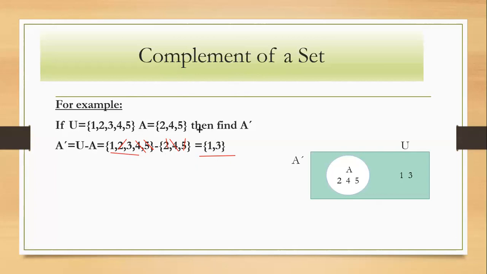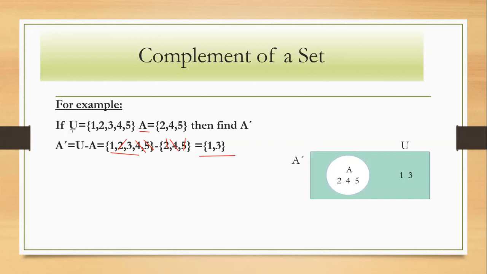Now, how can we draw the Venn diagram for such a question? I told you that for each set, we have to draw a circle. Here two sets are there, but we haven't drawn two circles. Why?